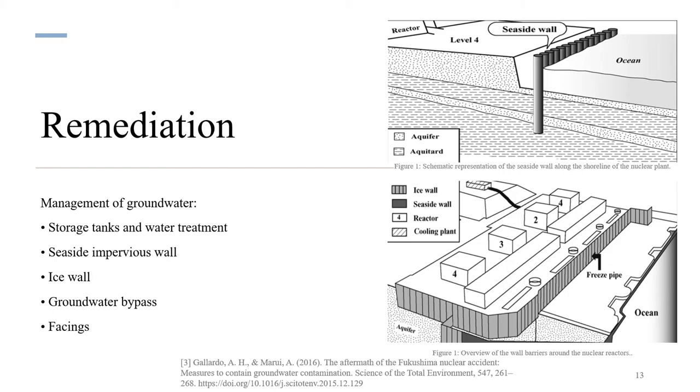And cracks in the reactor foundations, combined with potentially inefficient methods for collecting cooling water, most certainly lead to direct radionuclide inputs to the local aquifer and subsequent transport to the coastal ocean via submarine groundwater discharge. In this regard, the seaside impervious wall constitutes a fundamental measure to block the flow of contaminated water into the ocean, which you can see an image of on the top right.